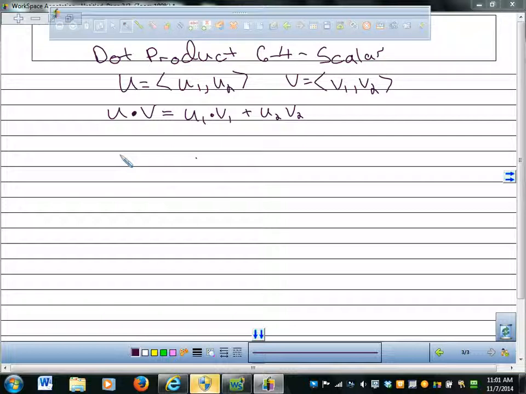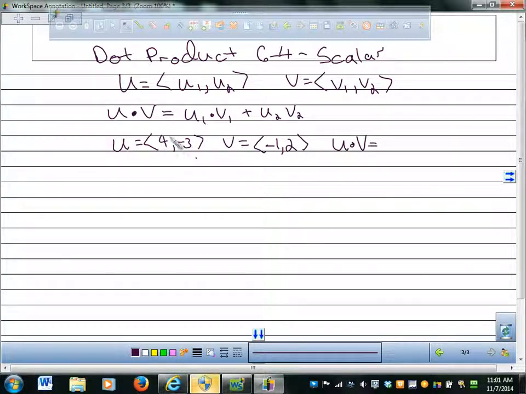For example, if I want to find a dot product, if u equals the vector 4 comma negative 3, and v equals the vector negative 1 comma 2, then u dot v is just 4 times negative 1 plus negative 3 times 2.